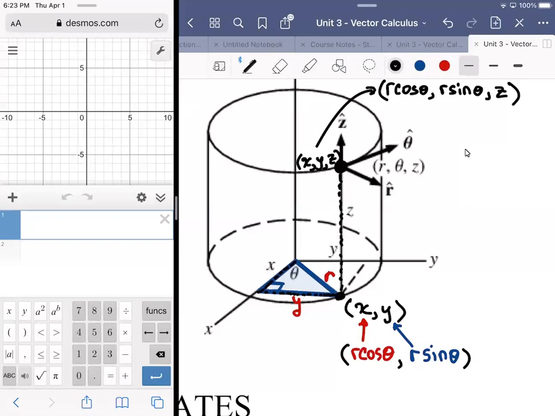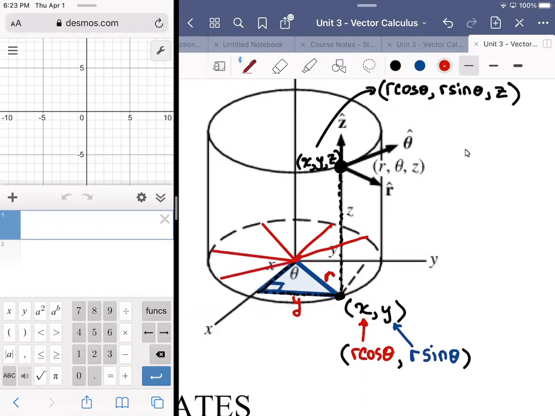But another way that we could measure a point in space would be based off of some value r, a radius outward from center. Now, if you're working your way outward from the origin, that distance r could be in any direction. So we narrow it down by establishing a theta.